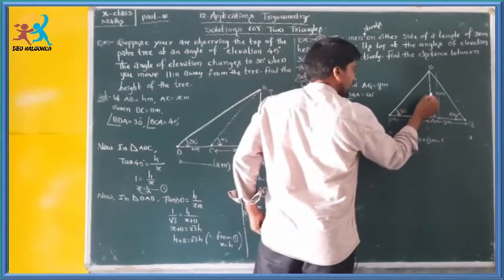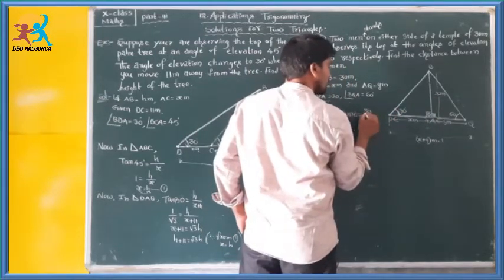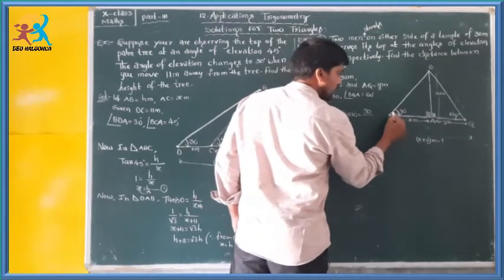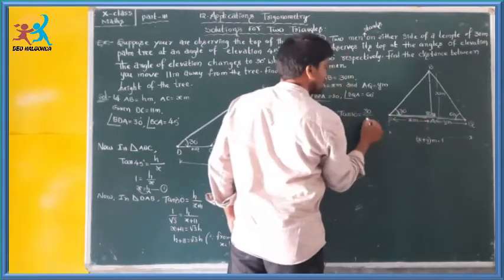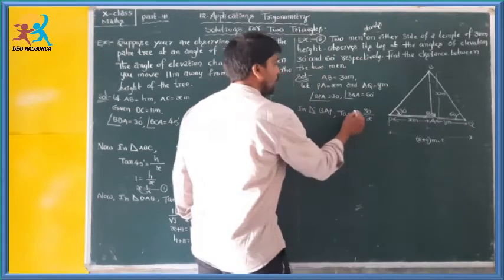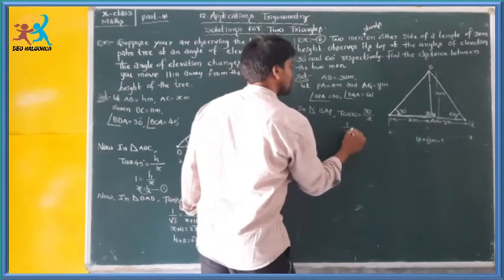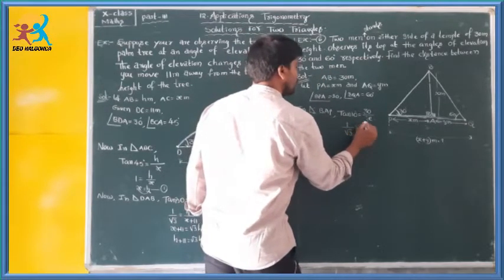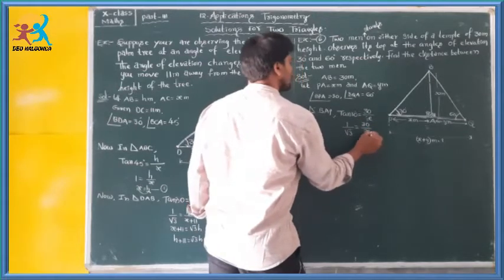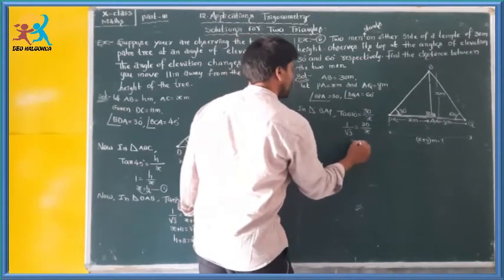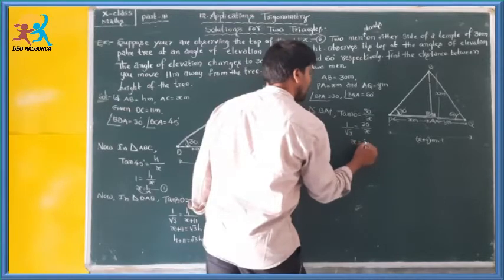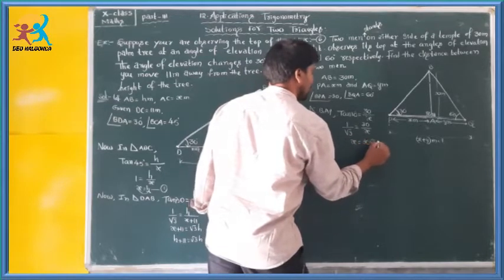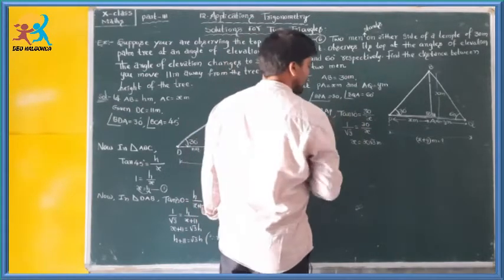Opposite to 30 degrees is 30 meters and adjacent is x meters. What is the value of tan 30? That is 1 by root 3 equals 30 by x. By cross multiplication, x equals 30 root 3 meters. This is the x value.